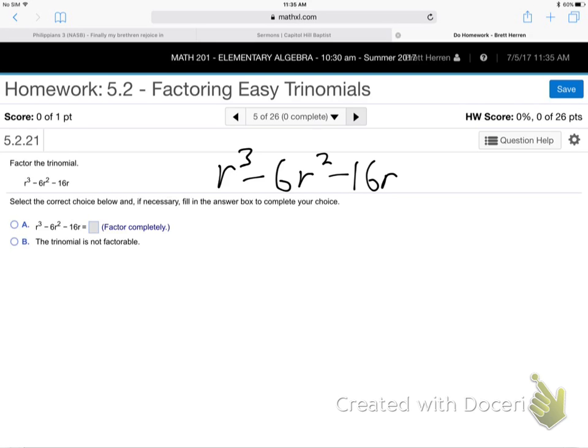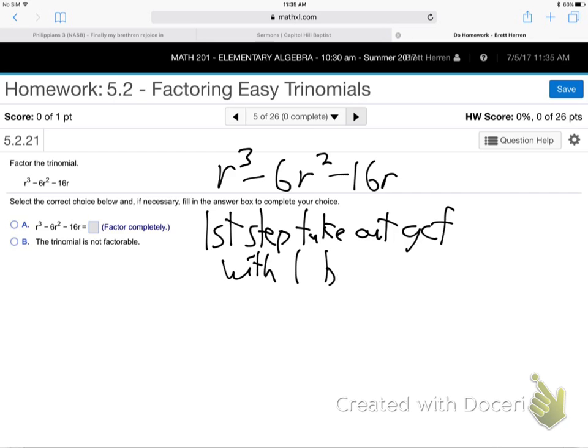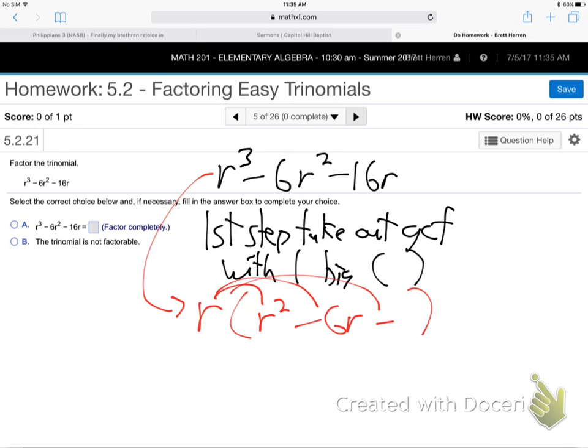So what I mean is, first step, take out the GCF with one big parenthesis. So you got to do that first. If there is a GCF, you got to do that first before you jump into the two parentheses. So what's in common to all three of those? R. They've all got an R. So you take out the R, one big parenthesis, and then what goes inside? Well, whatever works. R times R squared, R times minus 6R, R times minus 16.